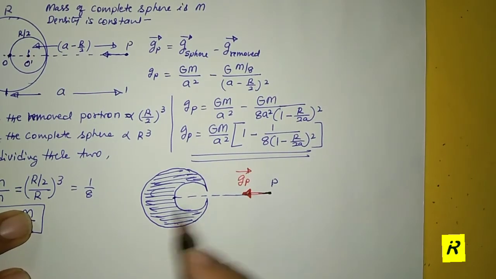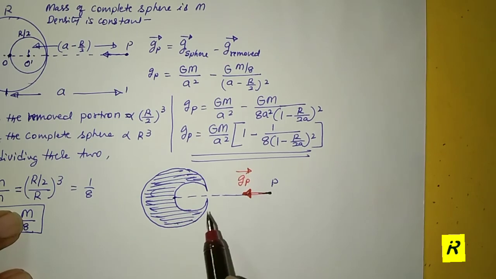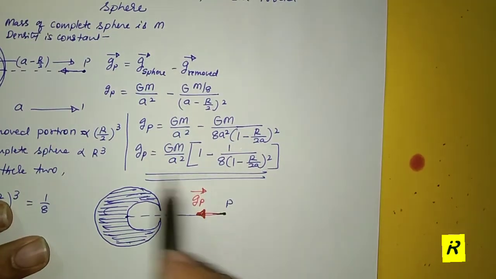So Gp is acting towards this cavity like this, so this is how you have to observe and remember this equation.